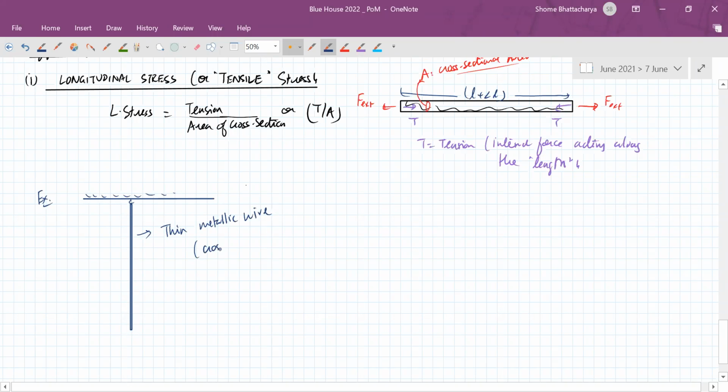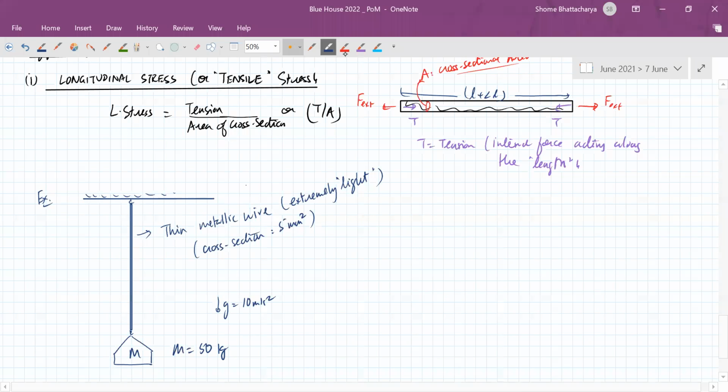So it has a cross section of, let us say, 5 millimeters square. So it's quite thin. Okay. And it's extremely light. So we can treat it like massless. And now we use that to suspend a heavy block, say 50 kg block.